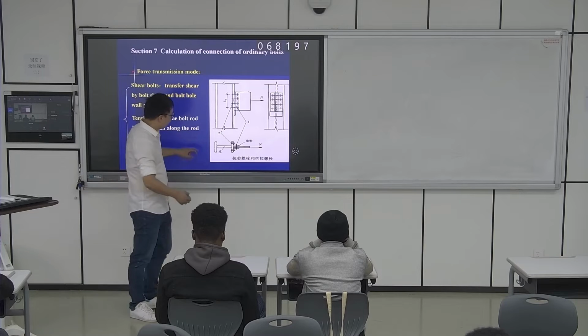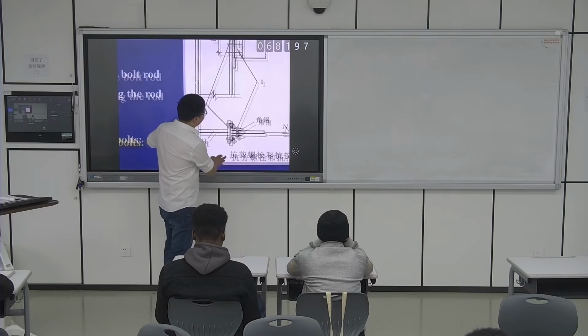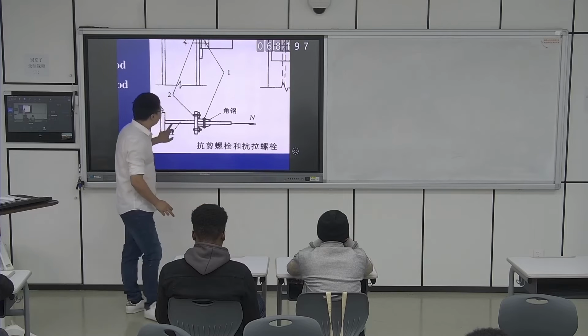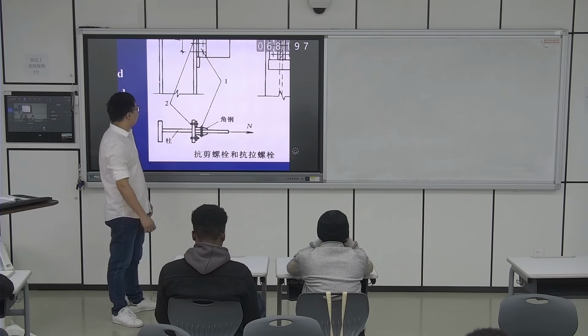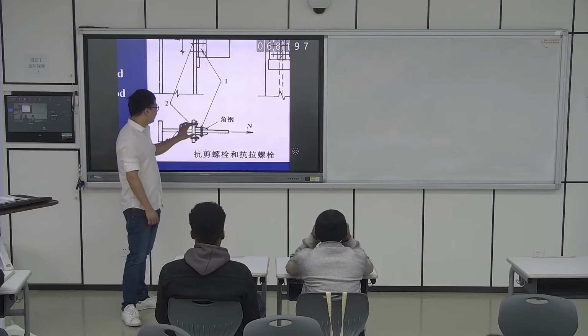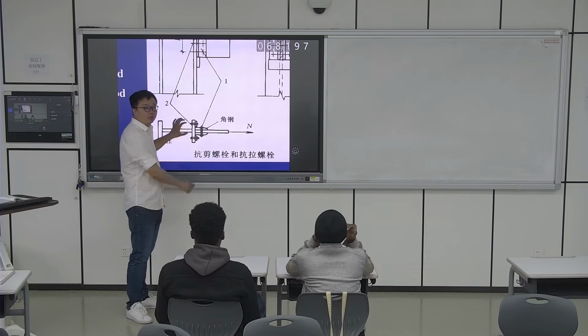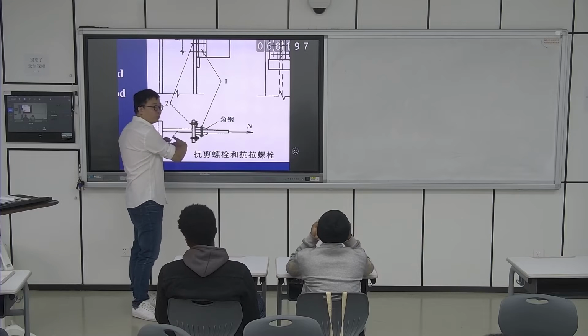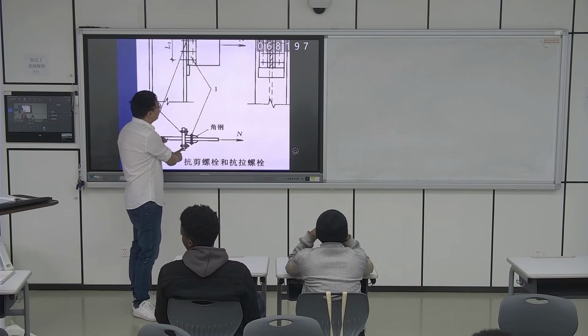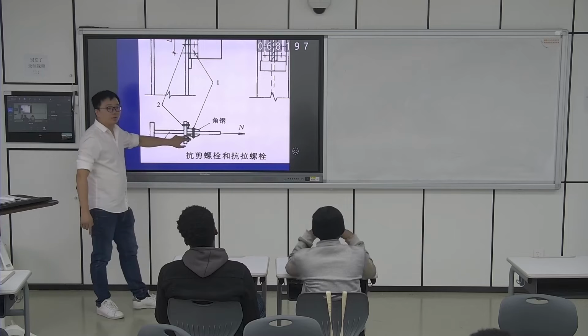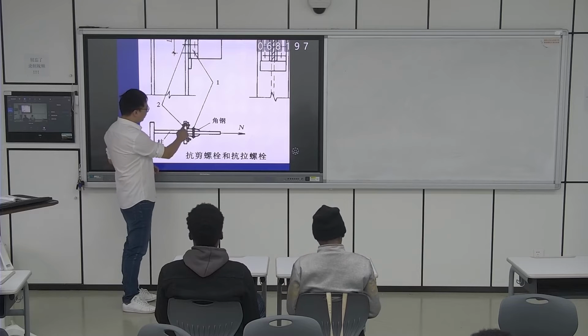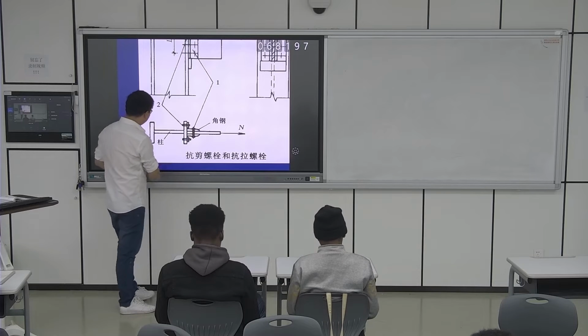For example, in this case we have three bolts, three lines of bolts applied here, right? For one side, A side, this is A.